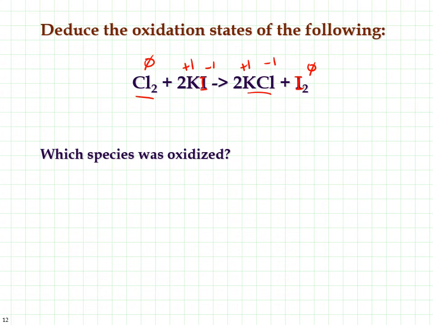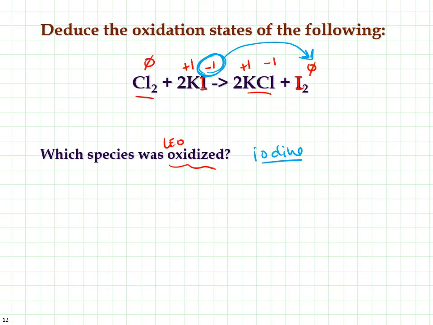So now I want you to figure out which species was oxidized. Remember that means losing electrons. Who lost electrons? Well, it looks like iodine did, because iodine went from a -1 up to a 0. It used to have an extra electron, and now it doesn't. So iodine was oxidized.